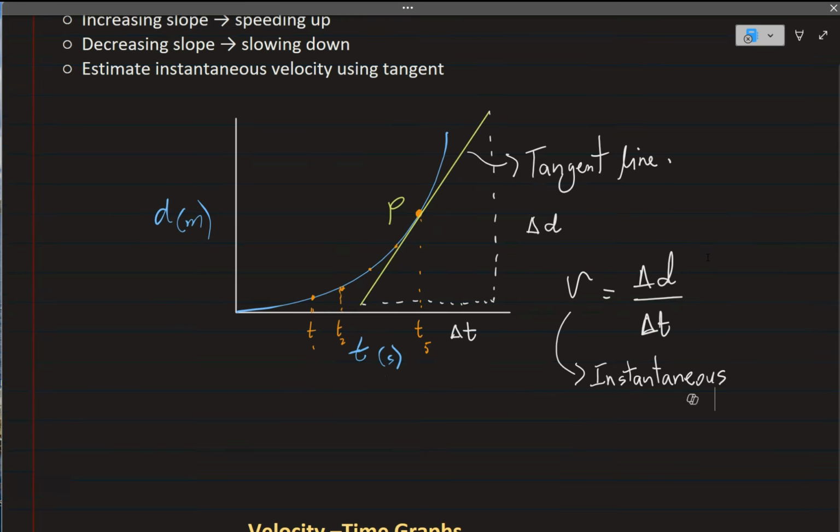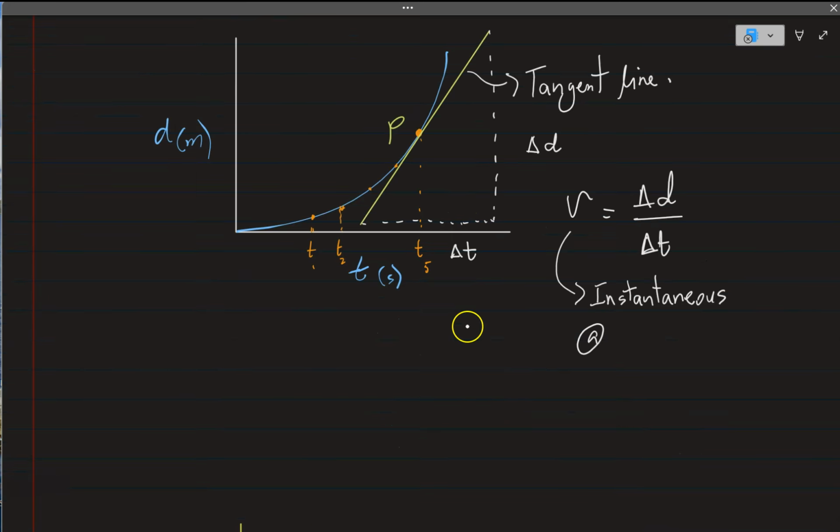Because at that instant, at T5, whatever the time is, we can actually calculate that velocity at that time. And the only way we can do that when it's changing velocity like this, going up, is by calculating the slope of a tangent line, which is very easy. You may not see this until grade 12 probably, but that's what you have to do.